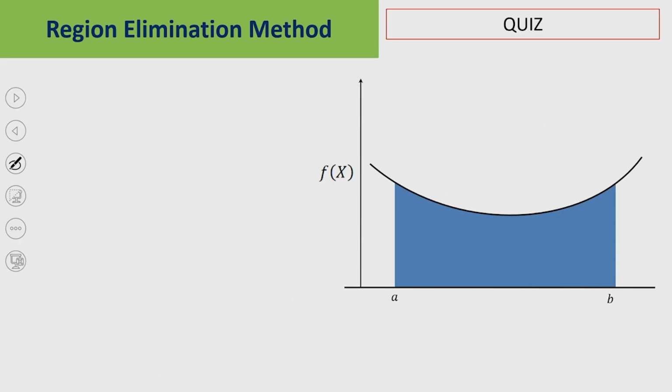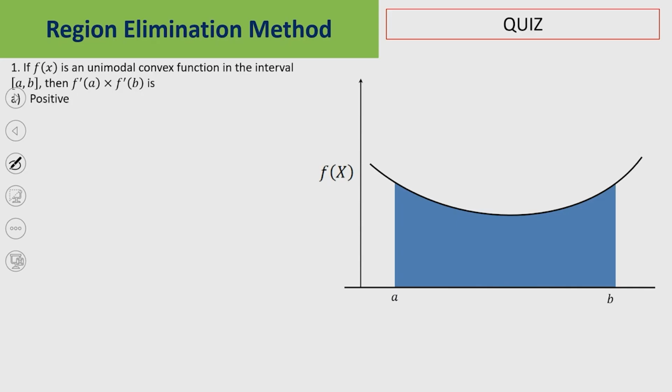Now, let us have another quiz. The question is, if f(x) is a unimodal convex function in the interval a and b, then the derivative at a times the derivative at b is, okay. The options are: is positive.